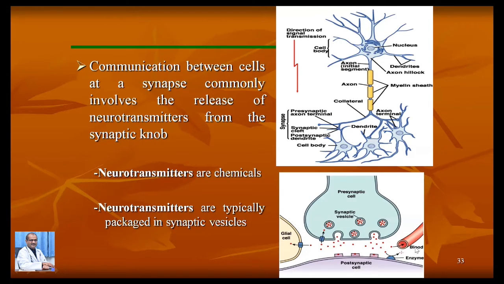Blood vessels also supply the neuron, and the glial cells are also present. This space is known as the synaptic cleft.